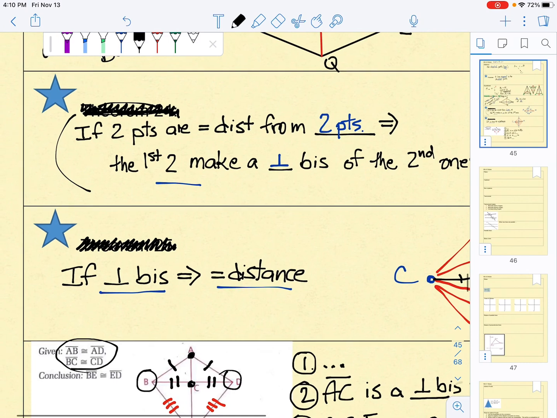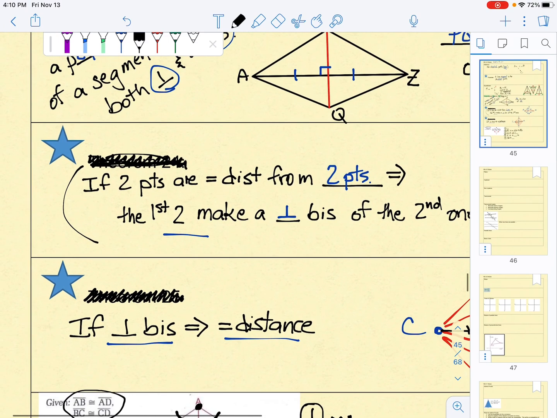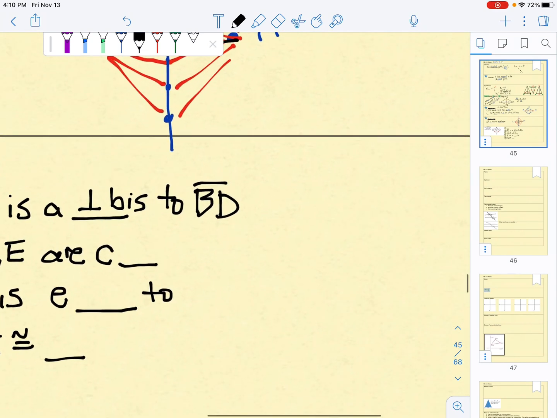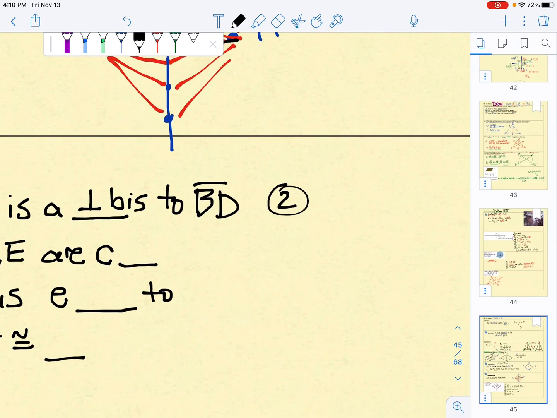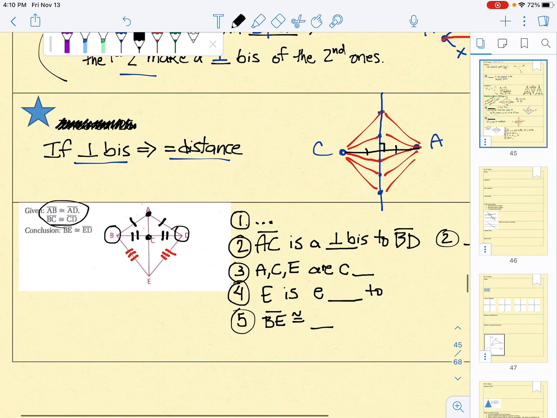That would be, let's call it the perpendicular bisector theorem, because that's where we end up. So the reason for number 2 is the perpendicular bisector theorem. Made that one up on the spot. Pretty good, huh?